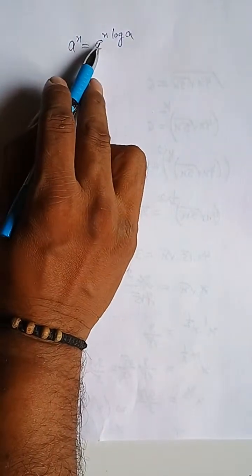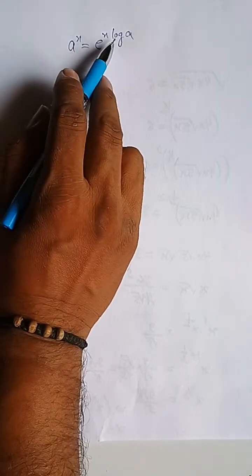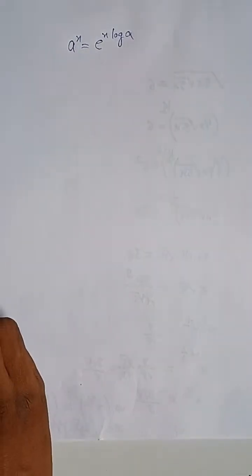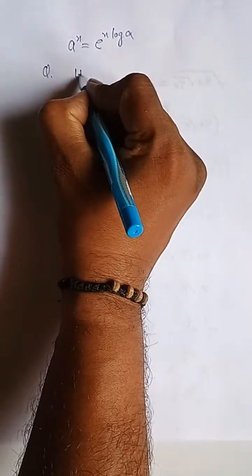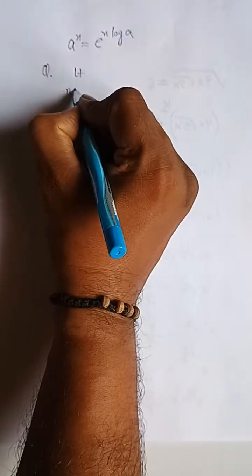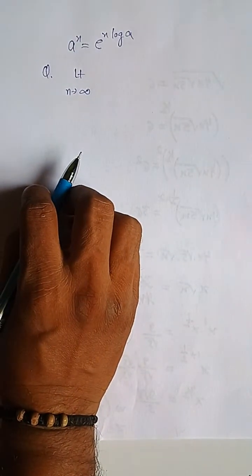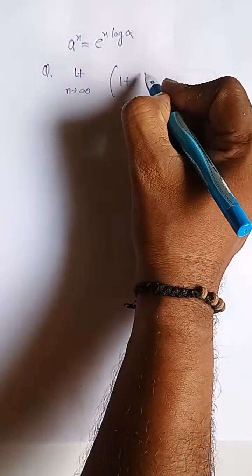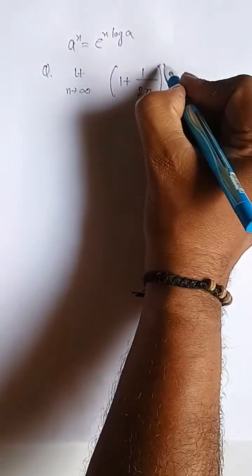The variable will be just the exponent of e, and the constant is log a here. So we have one question: the limit n tends to infinity of (1 plus 1 by 2n) to the power n.